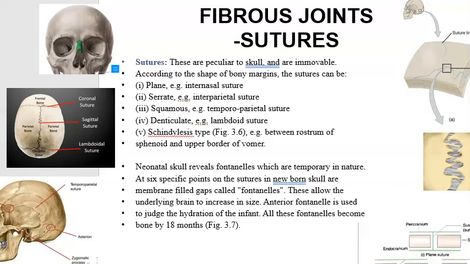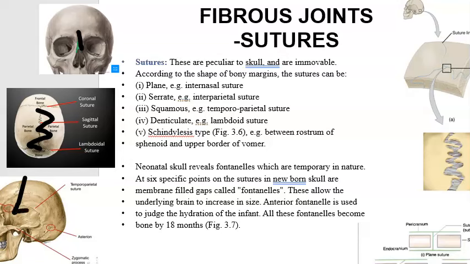Examples: if somebody asks you for plain, the internasal suture is plain. The interparietal is serrate. Squamous is the one between the temporal and parietal.